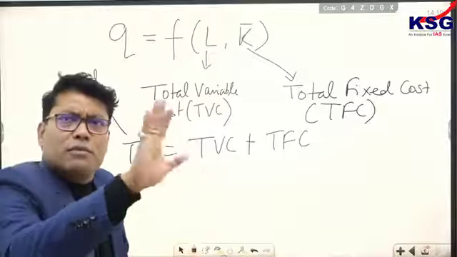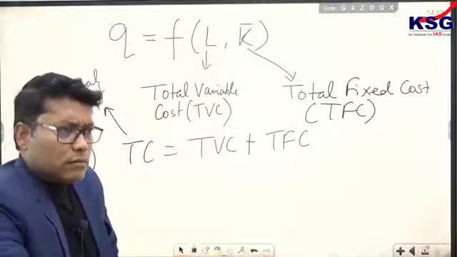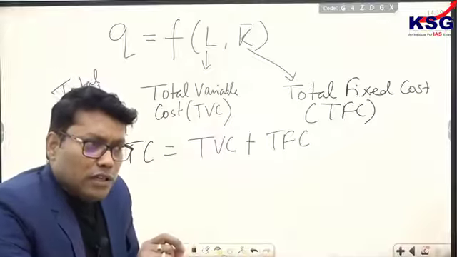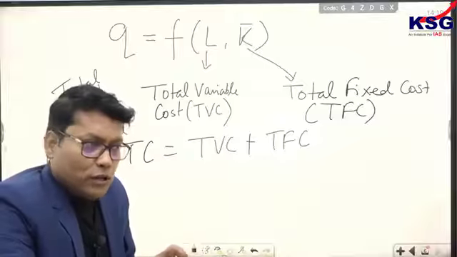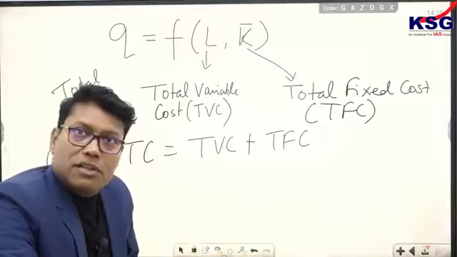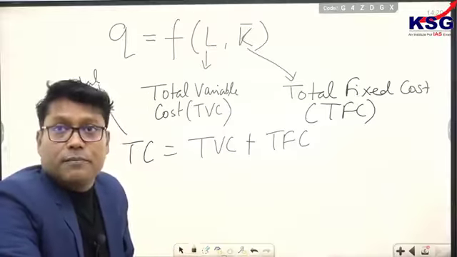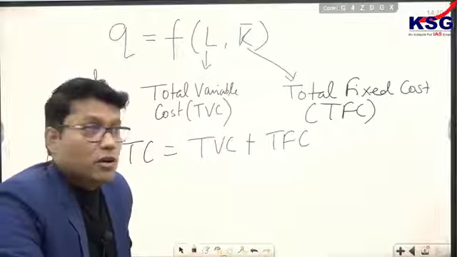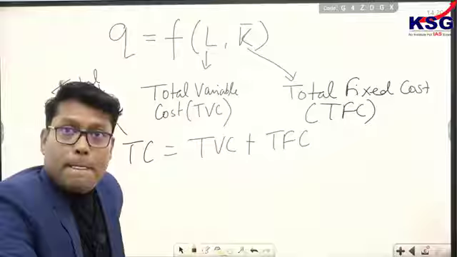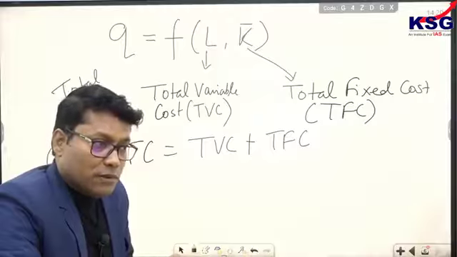You can take all the variable inputs. Okay, that is TVC. Full stop. Just write one line more: TVC, total variable cost, depends on level of production. Written? Fine. Level of production, full stop.